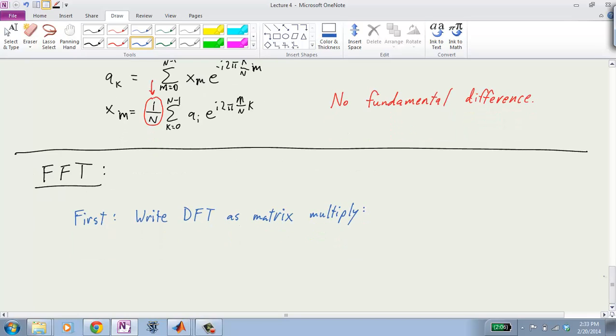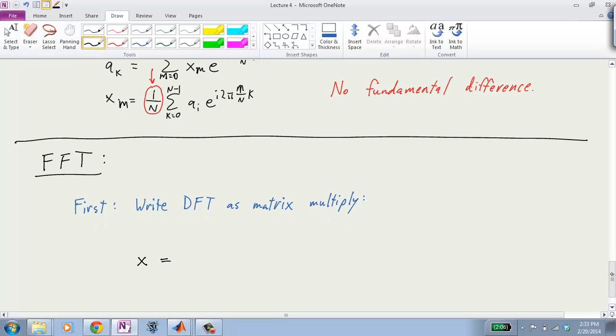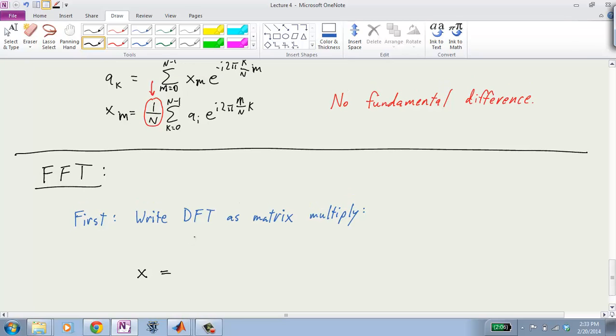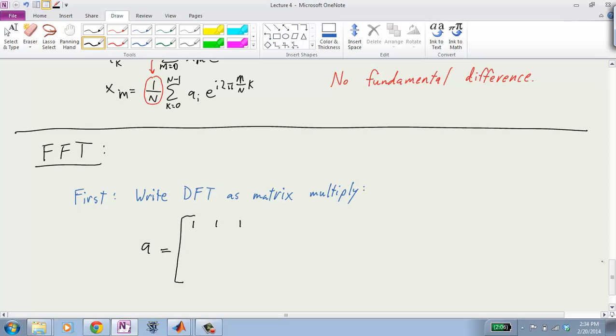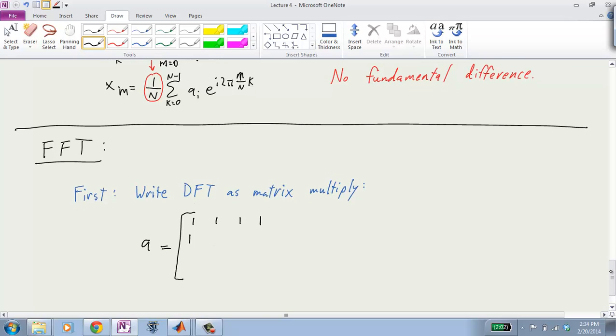So imagine that we do the following. Actually, let's do the forward DFT. So A equals a particular matrix times x. That matrix looks like this. Let me do it for 4.